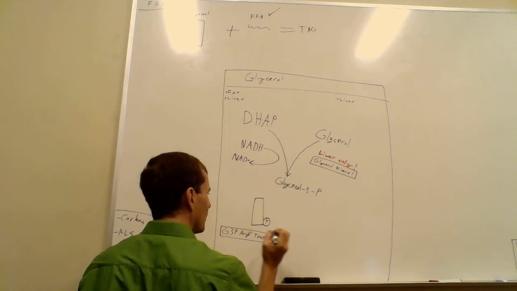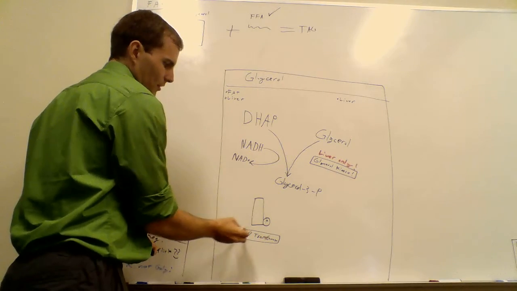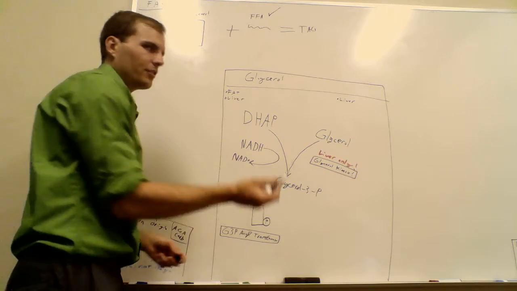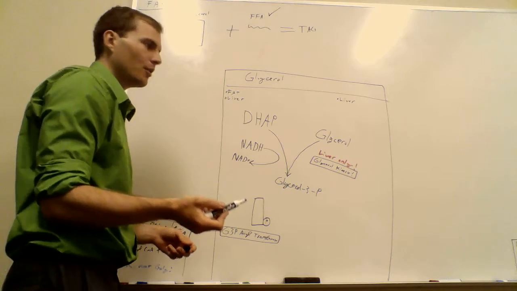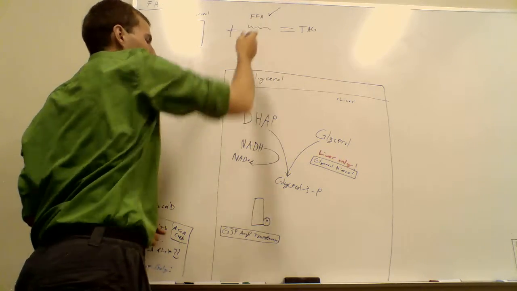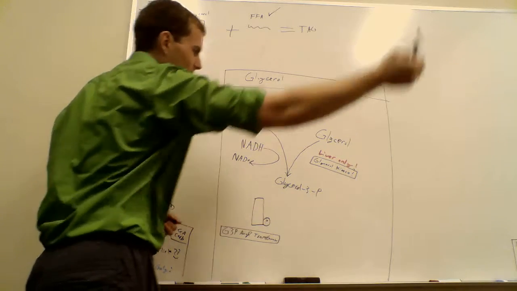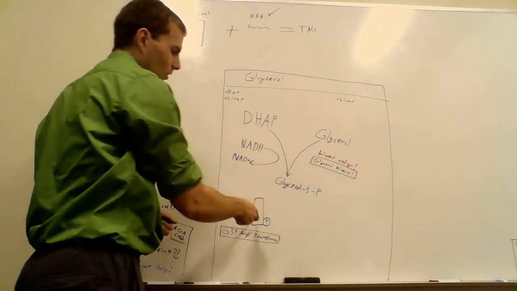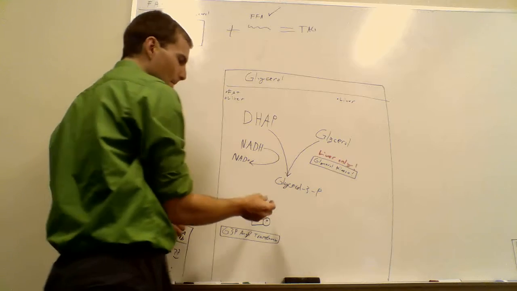G3P is naming this. Acyl is naming the thing it's going to grab, which is acyl groups, another name for free fatty acids. So it's just going to take a free fatty acid and transfer it onto the G3P.